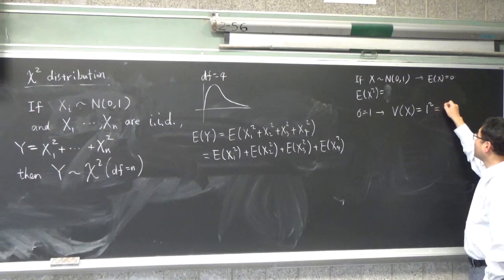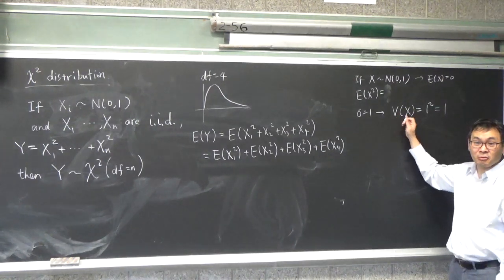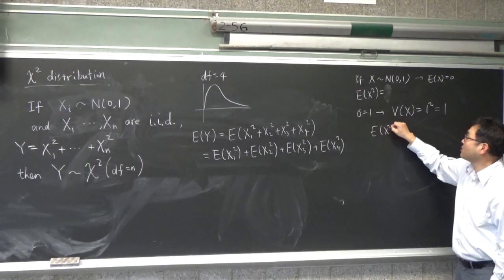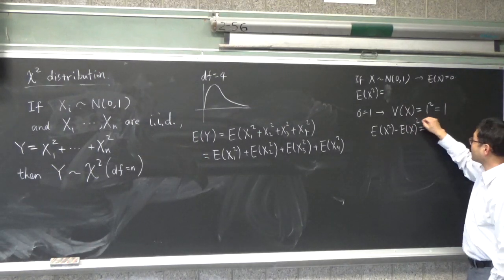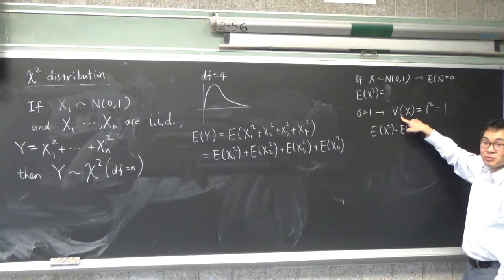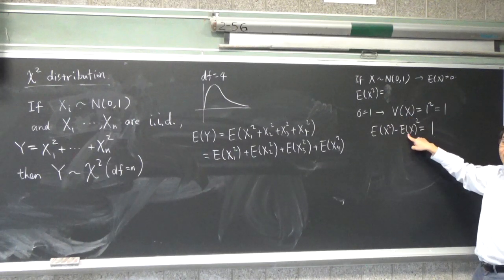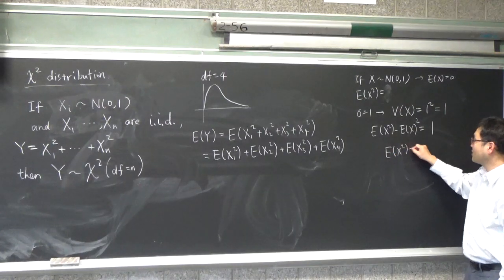But we also have a shortcut formula for V of x: E of x squared minus E of x squared is equal to V of x, right? So what do we know about E of x? It's 0. So now you have E of x squared as 1.